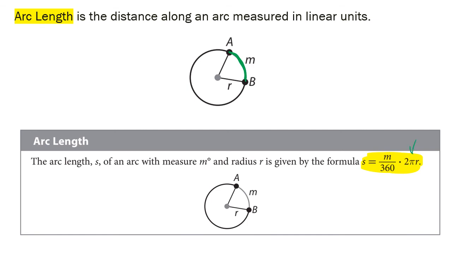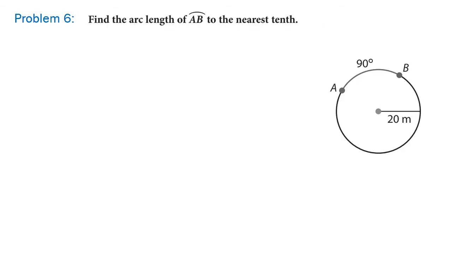So you'll notice the circumference formula is part of this. So find the arc length of AB to the nearest tenth. So I care about this arc length. I'm going to use the formula S equals m over 360 times the circumference of the circle, 2 pi r.